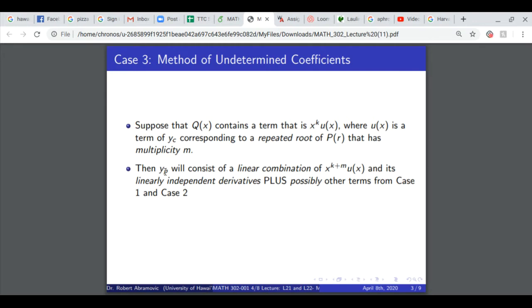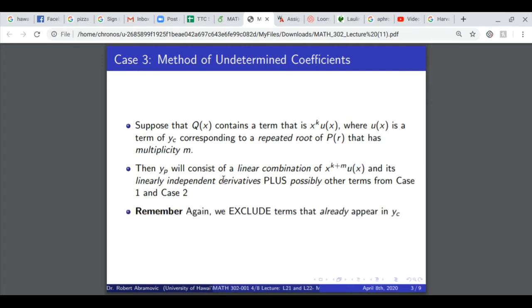The particular solution in that case will consist of a linear combination of x to the k plus m. Remember in case 2 it is x to the k plus 1, times this term of yc, and its linearly independent derivatives, plus possibly other terms that were obtained from case 1 and case 2.